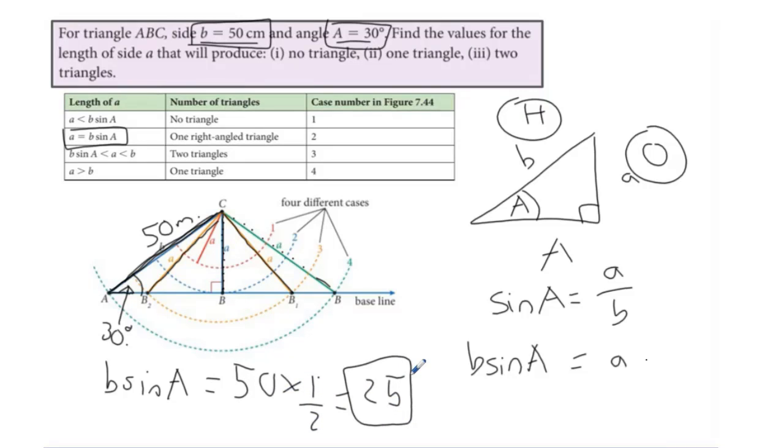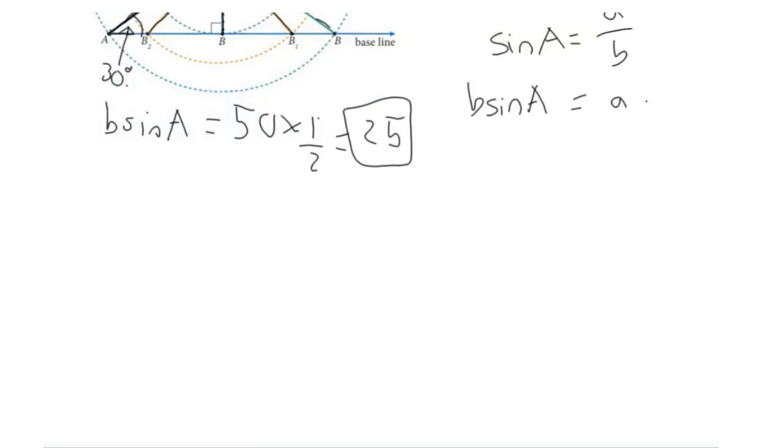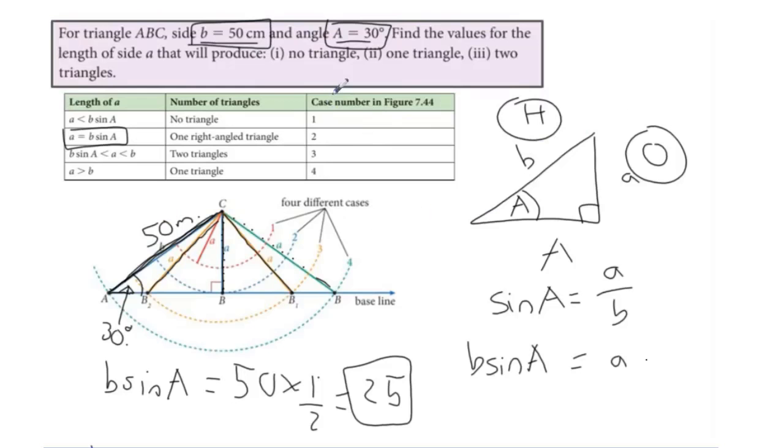So the magic number is 25, and we know B is 50. Part 1, no triangle: when the length of side A is shorter than 25 centimeters.